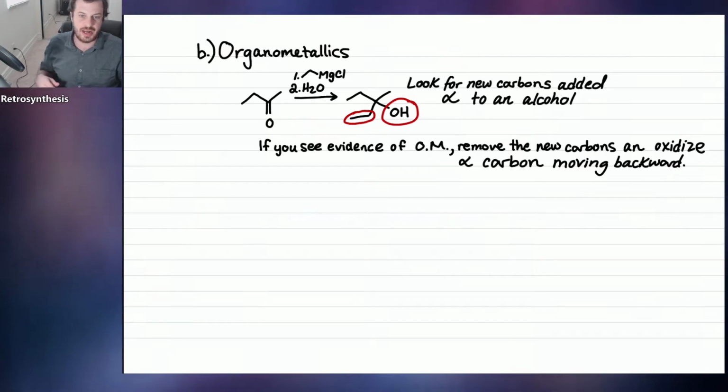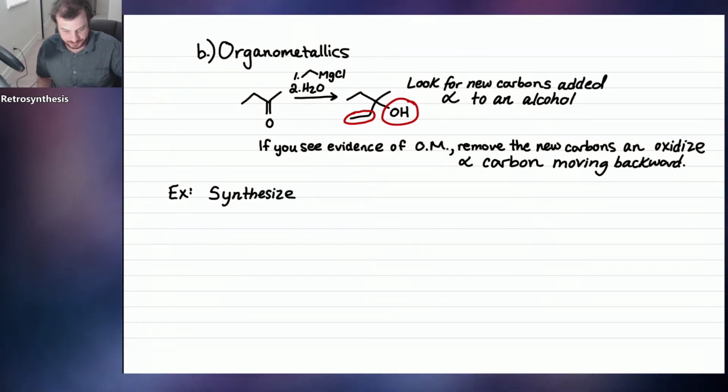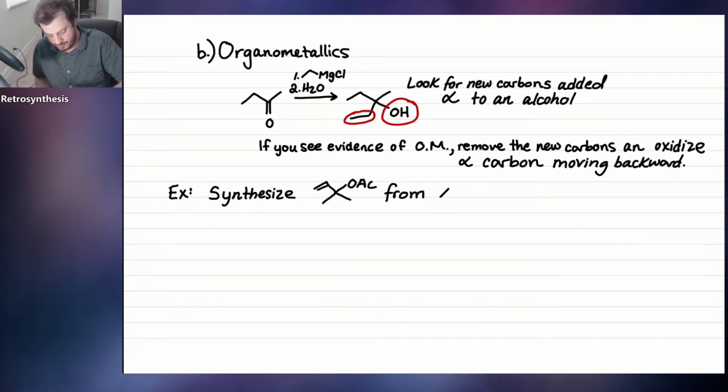So now let's do an actual problem. Let's put these rules into play, and I think it'll make a lot of sense. So synthesize, this would be an example problem. Synthesize means make this guy from that and that.